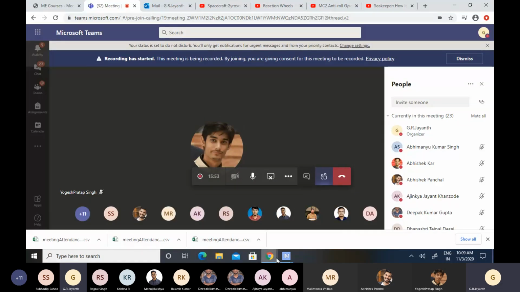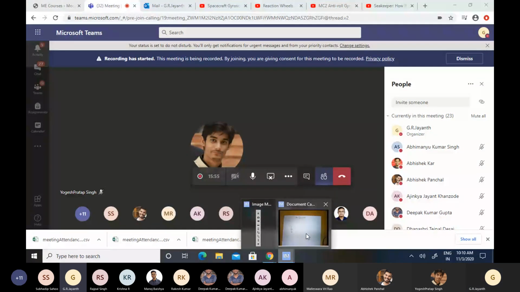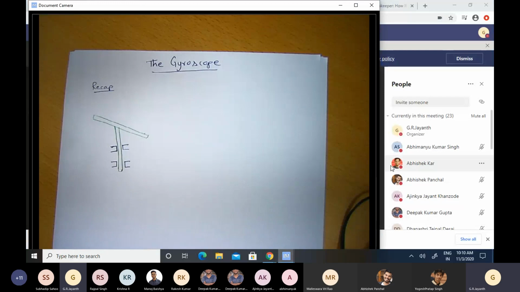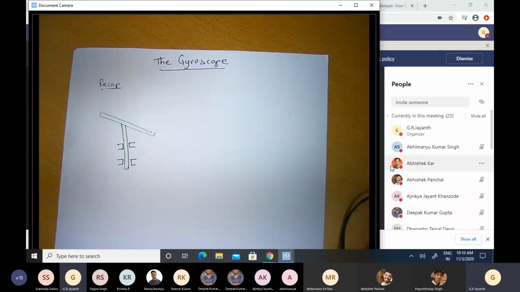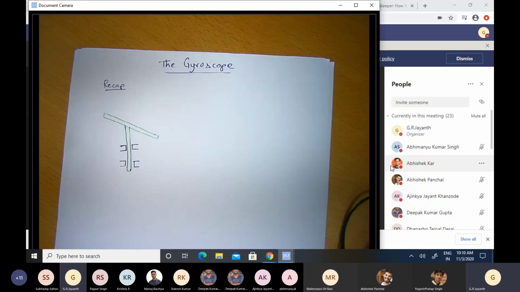Just give me a minute, please. Yes. So are you able to see the difference in color, or is it too feeble for you to make out that one is in green and other is in red, other is in blue? Can someone let me know? Give me some feedback. Yes, sir, color is visible. But I think if you use some red color or something, it would be better, sir.